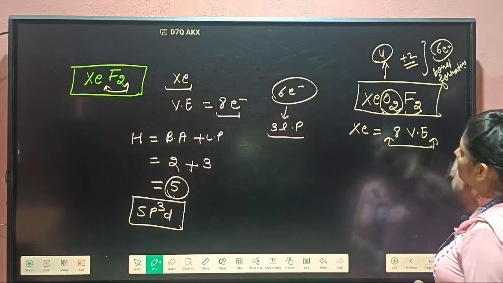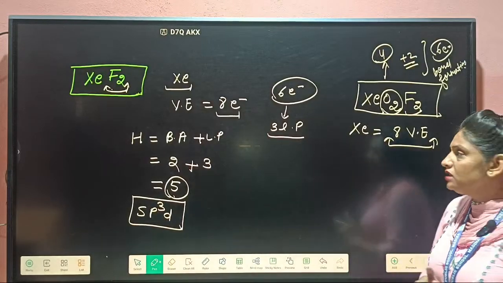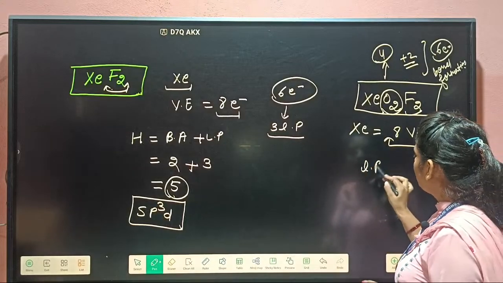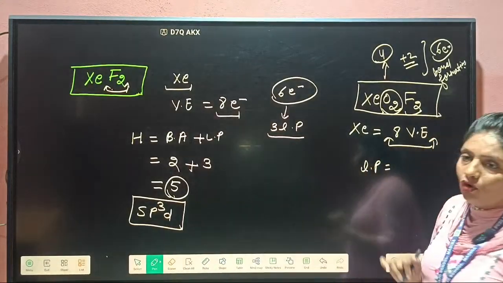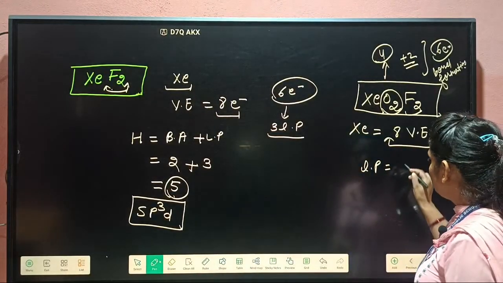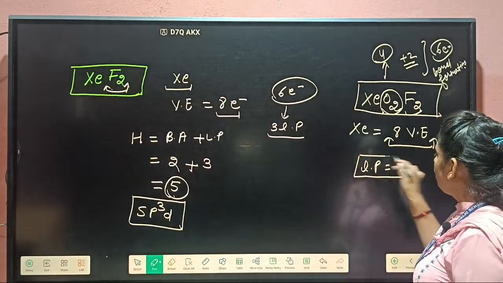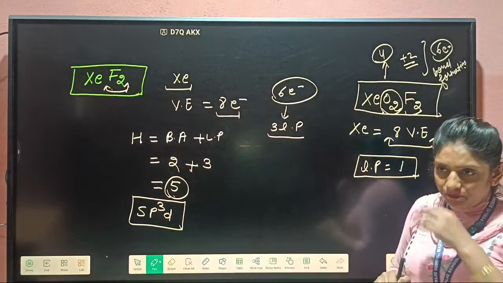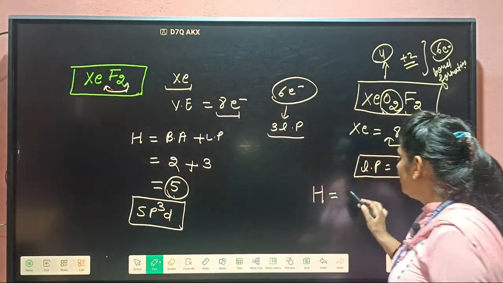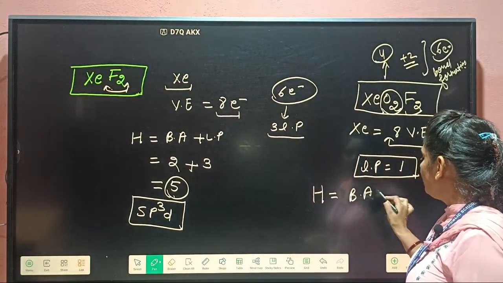6 electrons are consumed in bond formation and the total valence electrons are 8, which means 1 lone pair is here. These 2 electrons not taking part in bond formation are the lone pair. Now we calculate hybridization as bonded atoms plus lone pair.